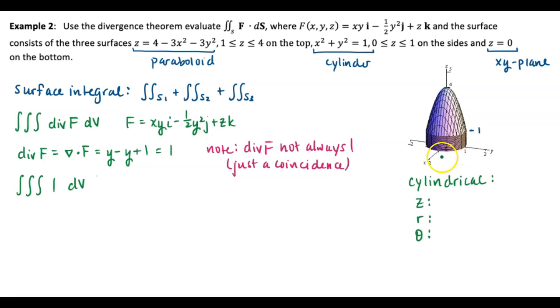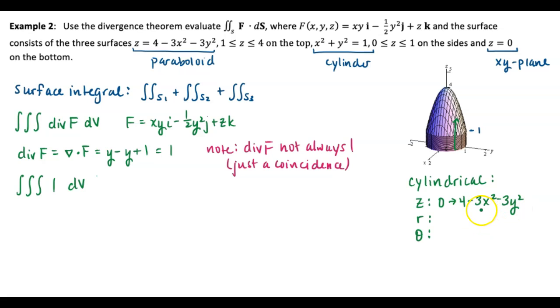Now what about z? We know that z starts at 0 because one of our bounds is z equals 0. And then if I want to kind of draw this arrow, I know it's bounded on the top by this paraboloid. And so this goes from 0 to 4 minus 3x squared minus 3y squared. But the problem here is that we said that we want this to be in cylindrical coordinates, because then when we get to x and y, we would have something that's kind of messy.